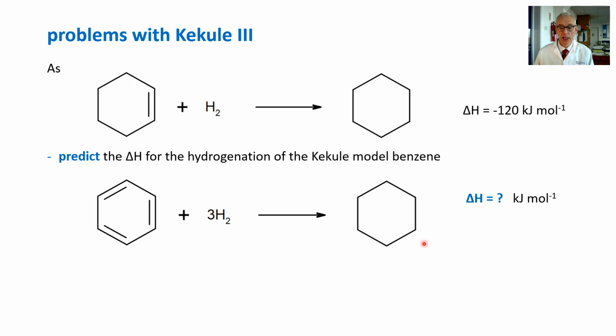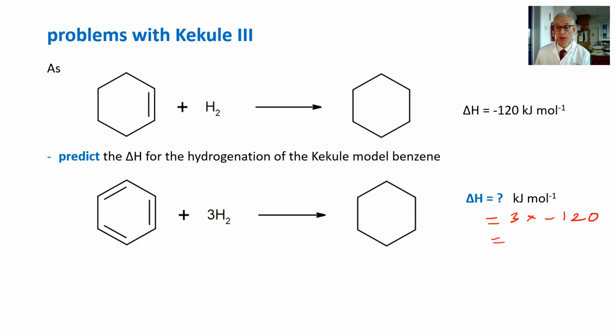We'll get cyclohexane. Now, what would be the enthalpy change of that? Well, we're going to assume that it will be equal to 3 times minus 120. So for each double bond, adding hydrogen across that double bond releases 120 kilojoules per mole.